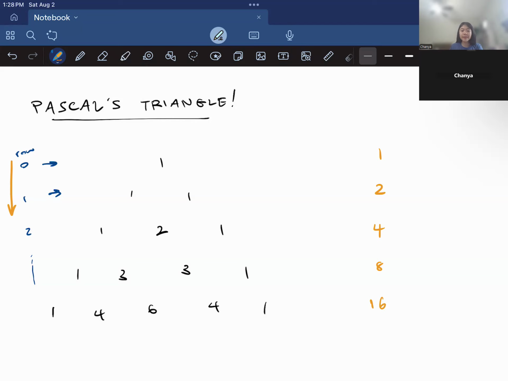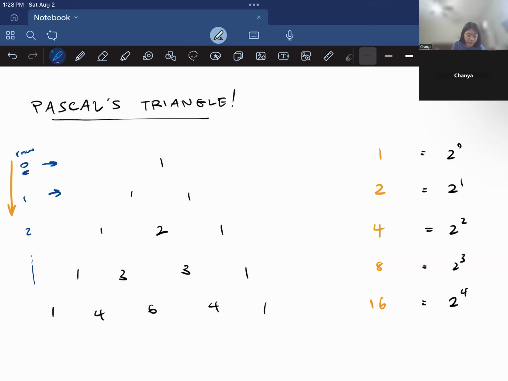And you can keep going down the line here, but if you notice, we can see a pattern here. 1 is equal to 2 to the power of 0, 2 is equal to 2 to the power of 1, 4 is equal to 2 to the power of 2, 2 to the power of 3, and 16 is 2 to the power of 4. And as you notice, this actually corresponds with the row numbers.